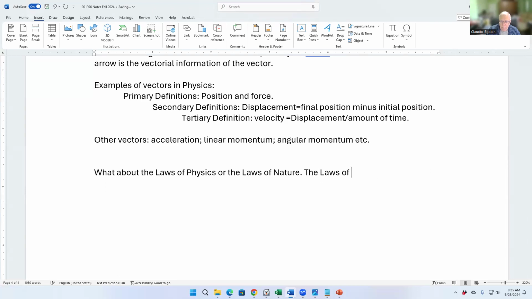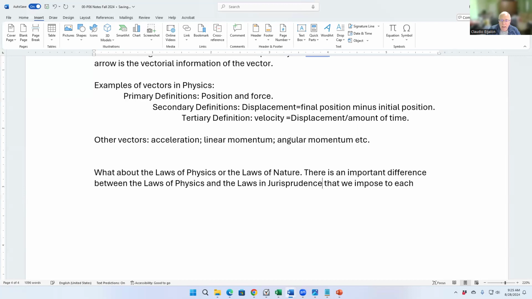There's an important difference between the laws of physics and the laws that we impose on each other, the laws in jurisprudence. There's a very important difference between those two.